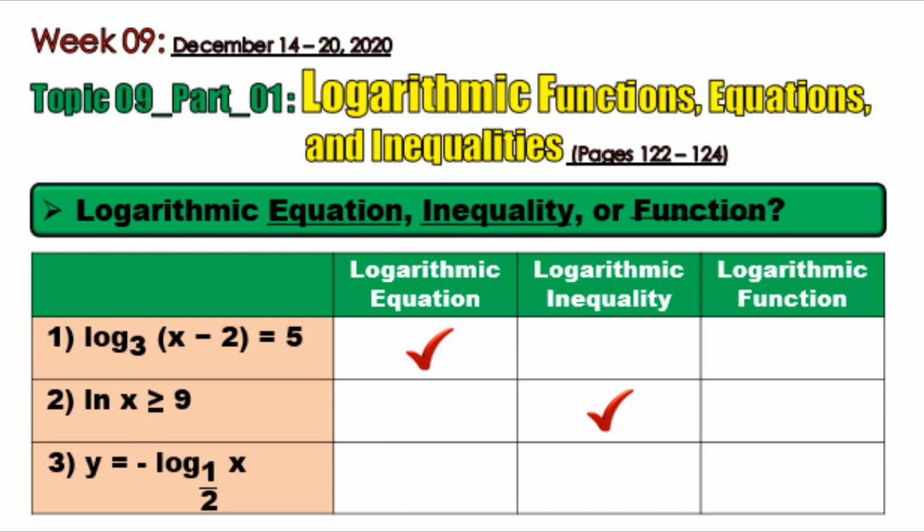And the last one, we have y is equal to negative logarithm of x to the base 1/2. First, it involves logarithm, it involves equality, or it uses an equal sign, and it expresses the relationship between two variables, x and y. Therefore, number 3 is a logarithmic function.